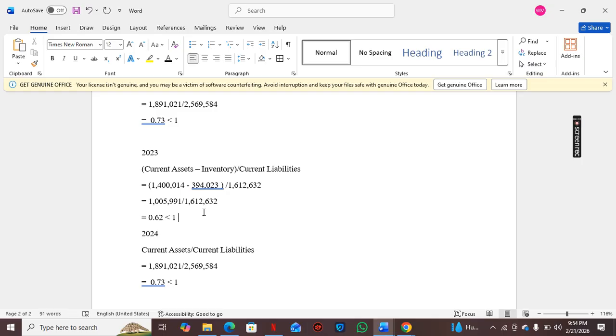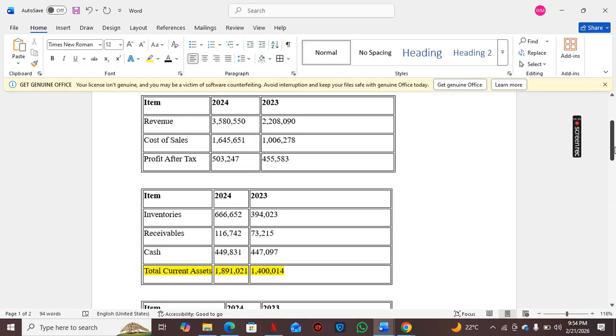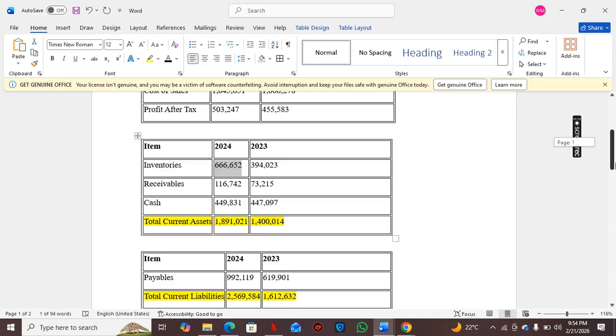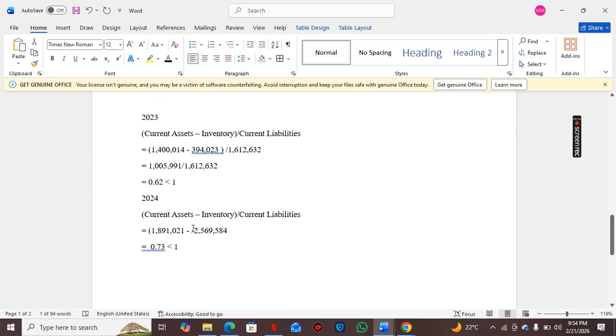For 2024, we also get our quick ratio. Value for the current assets, minus inventory. Our inventory even grew in 2024.